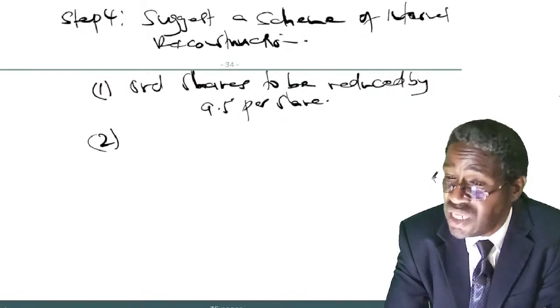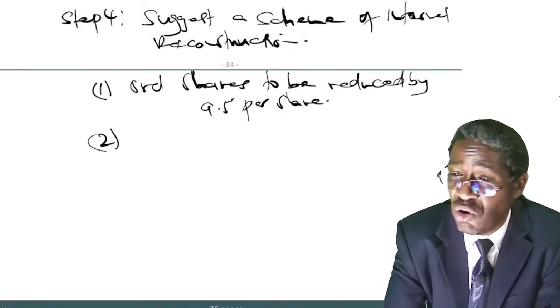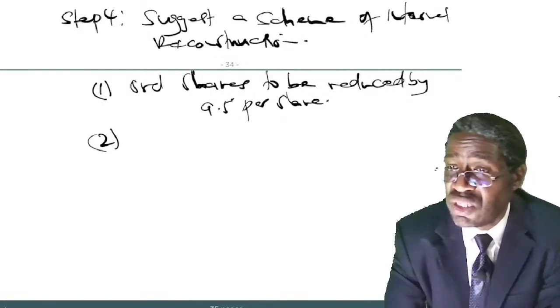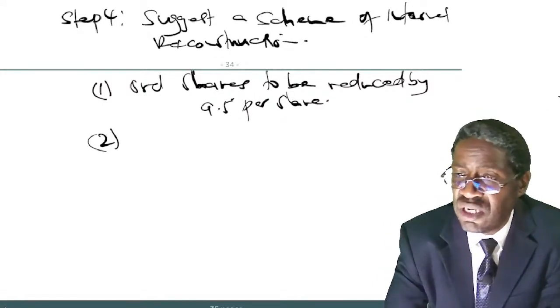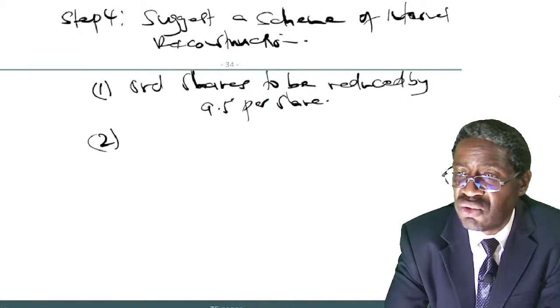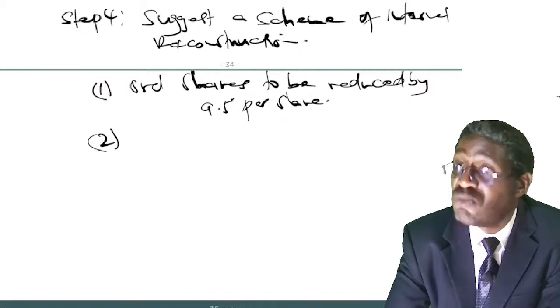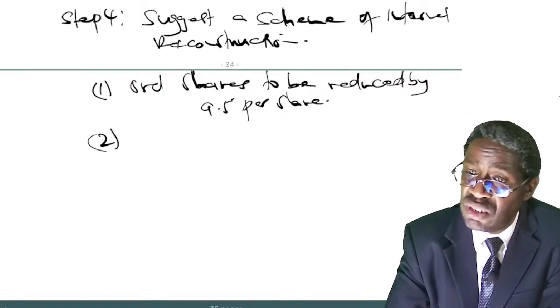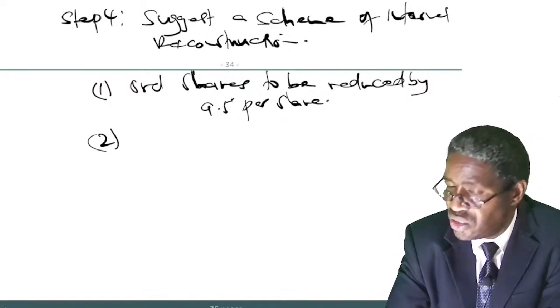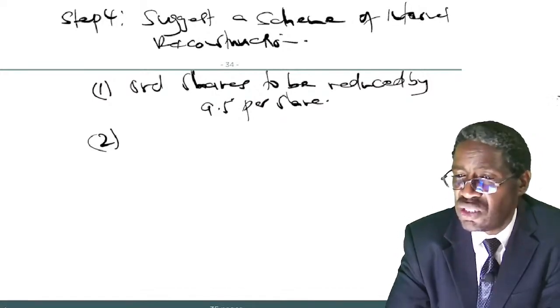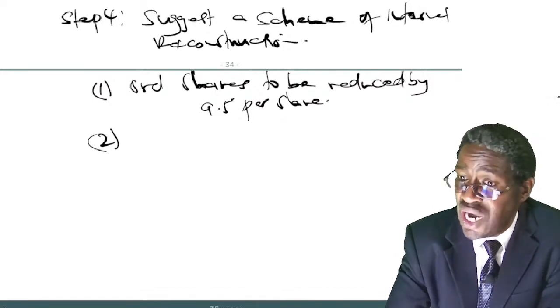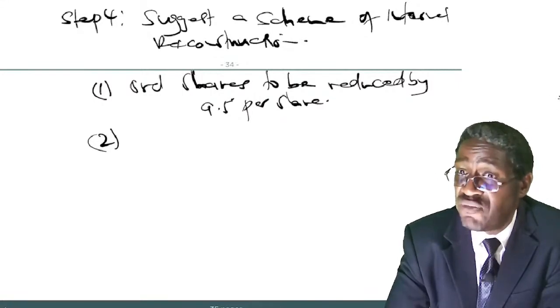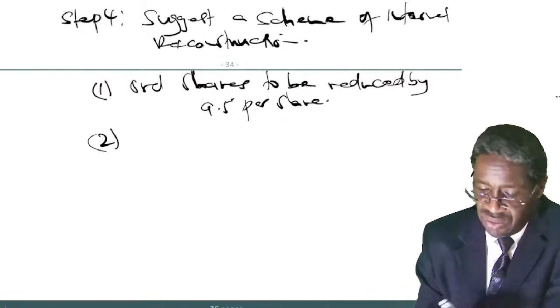Under note number 3, we were given the fair value of the assets. So you can put down this statement: Number 2, assets to be revalued to their fair values as follows.